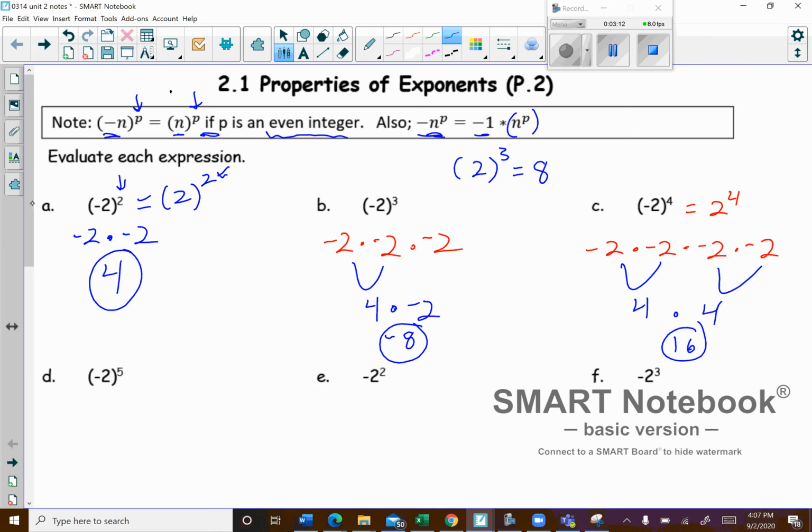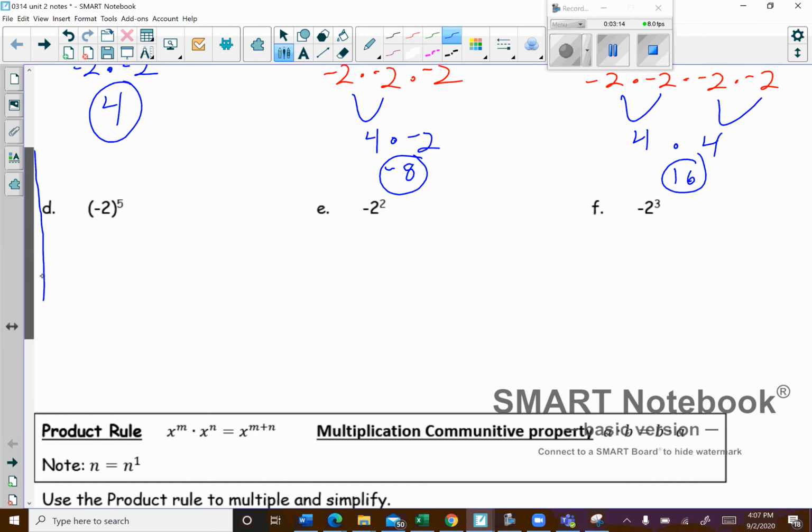Okay, got a couple more for us to get warmed up with the properties of exponents. So let's see, negative 2 to the 5th power. Negative 2 times negative 2 times negative 2. Okay, I cleaned that up a little bit. It's still a little messy, but we can see those negative signs a little better.